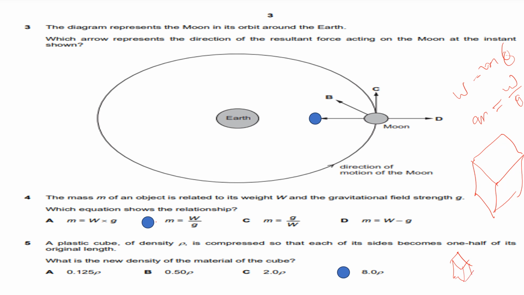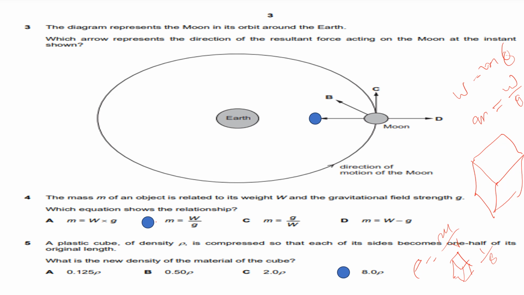So the volume will be 1/8 the original volume. So the density will be m by v.